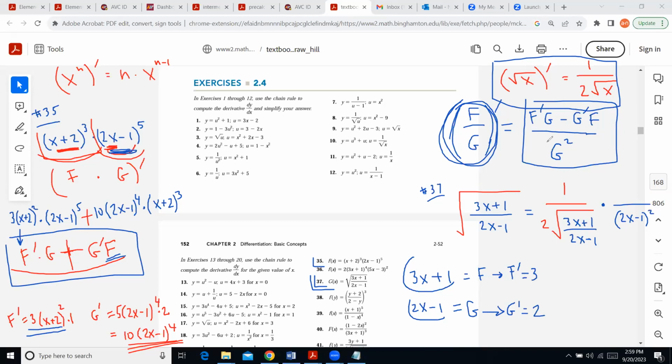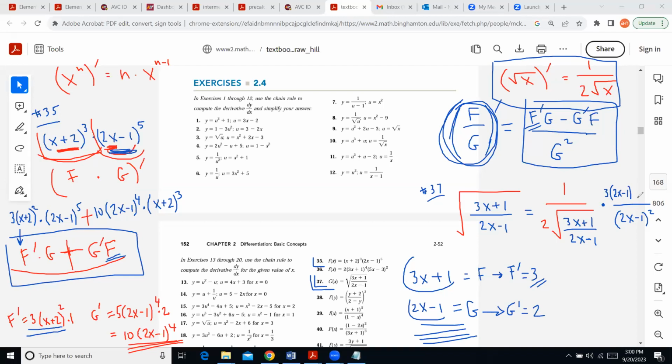And then I need to have on the top f prime times g. f prime is 3, right? So I have to multiply it by g. And what is g? 2x minus 1 in parentheses, minus.